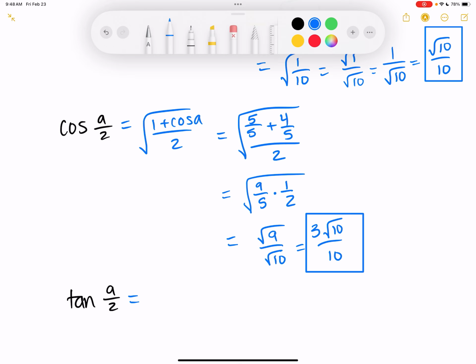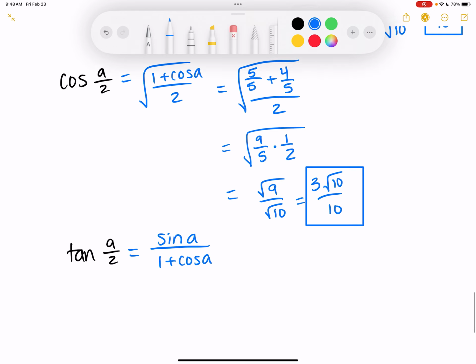Top? Alright, so sine of A over 1 plus cosine of A, I think. Yes. Wait, my note says sine over 1 plus cosine of A.